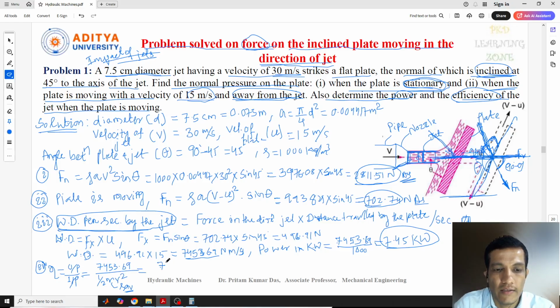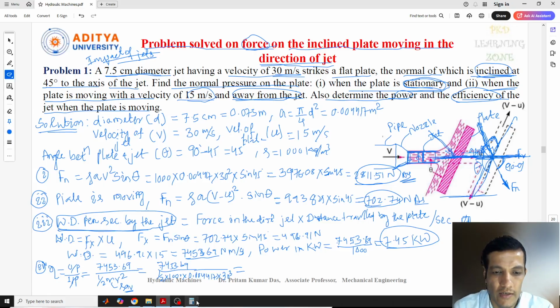So we can write 7453.69 divided by half into rho, rho is 1000, into area, which is 0.004417, into V cube, that is 30 cube. So finally we can find out the efficiency.